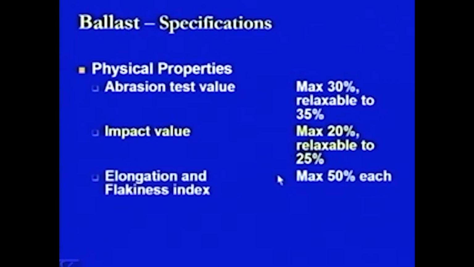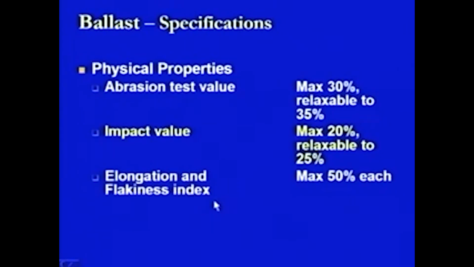Then another property is elongation and flakiness index. Elongation and flakiness index try to define the quantity of the material which is quite long, and it is related to the three dimensions of the material, that is length, width and thickness.